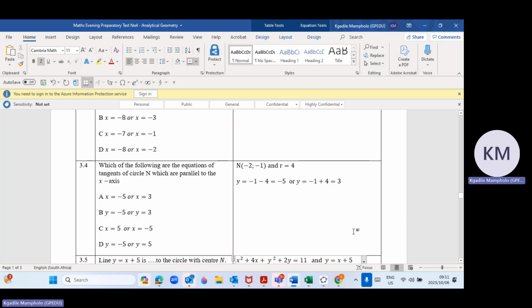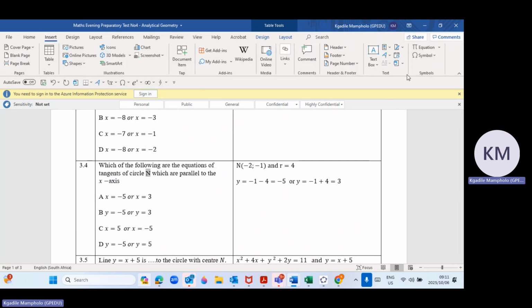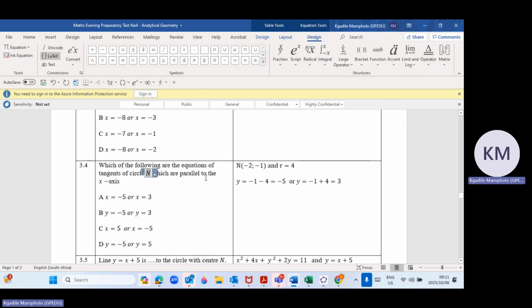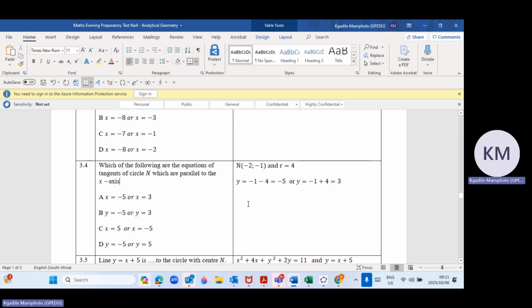Which of the following are the equations of the tangents of the circle which are parallel to the x-axis? We know that anything that is parallel to the x-axis is horizontal, and if it's horizontal, y does not change.